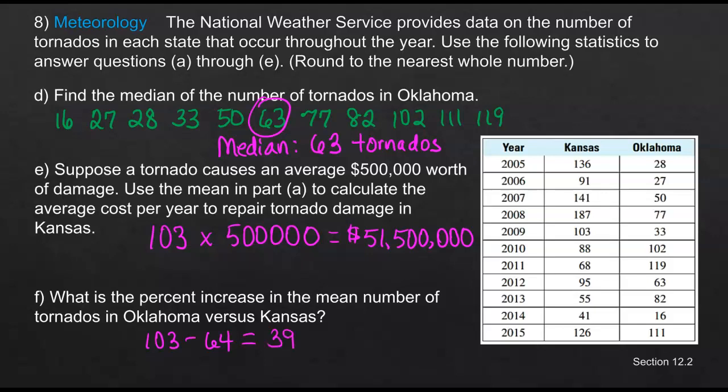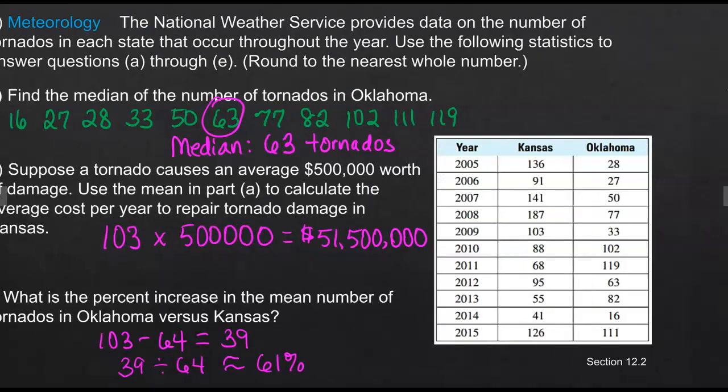And then since we're finding the percent of increase, we would take 39 and divide it by 64, because that was our original number, the lower one, and that is a 61% increase. So 61% more in Kansas versus Oklahoma for the average. Once again, quite a bit.